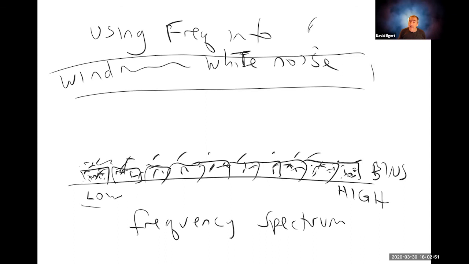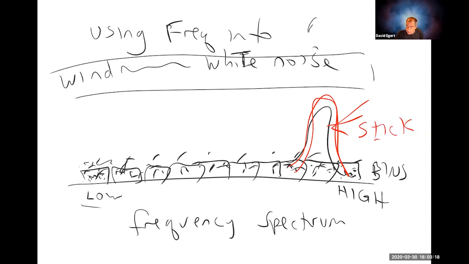Whereas something like a snapping branch, when a tiger is trying to sneak up on you, is often going to be a lot of energy in one very narrow frequency band. So like that snapping stick, high frequency, so here's like, stick snap. It might not be all that much energy in the big picture. It might just be a little bit compared to the overall energy of all of the white noise from the wind.